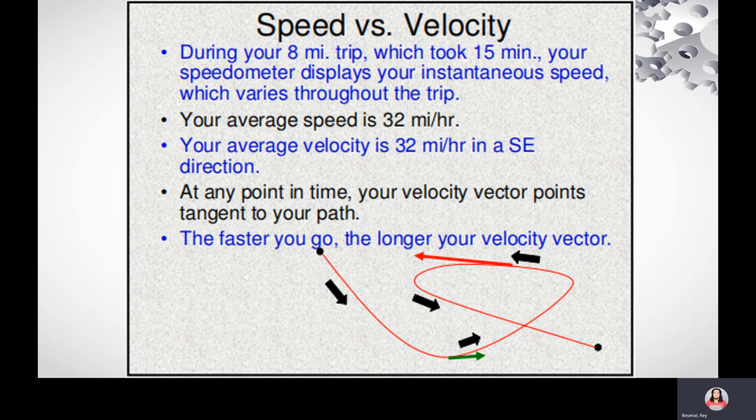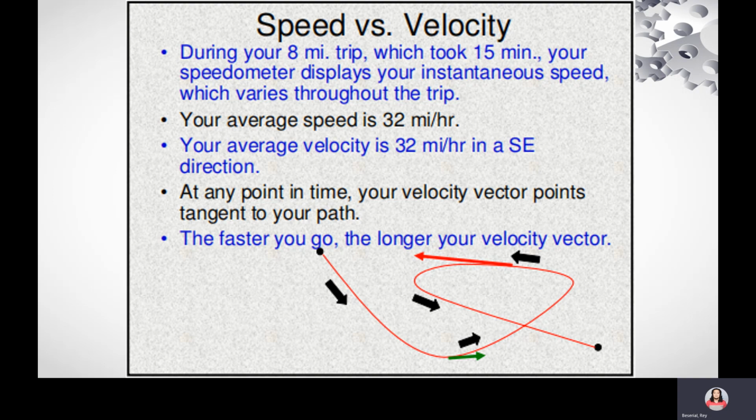At any point in time, your velocity vector points tangent to your path. Example nito or representation nito ay itong green na arrow. Tangential ang kanyang path from your position or vector point.